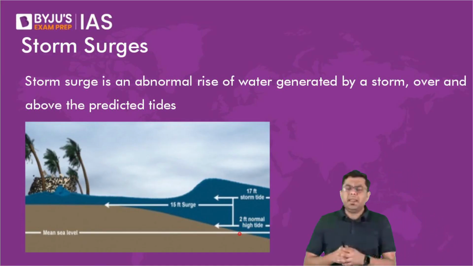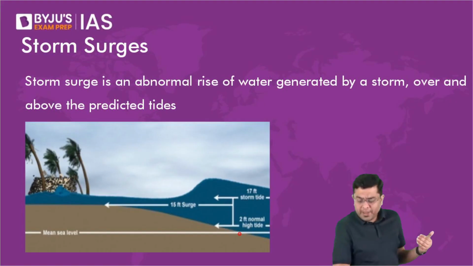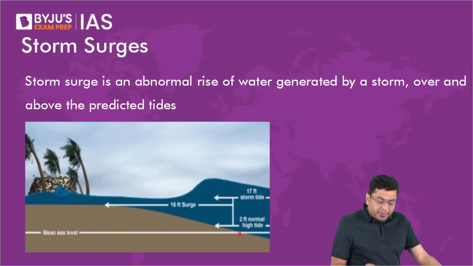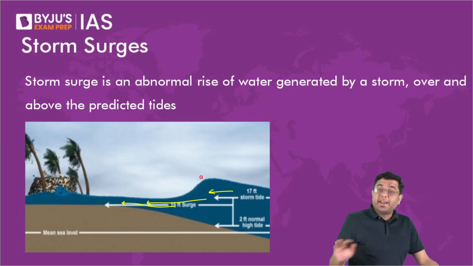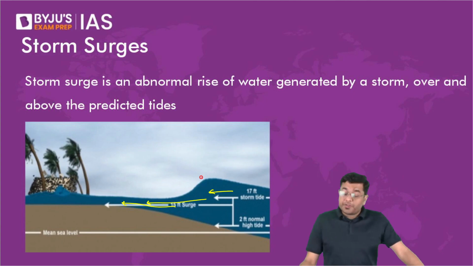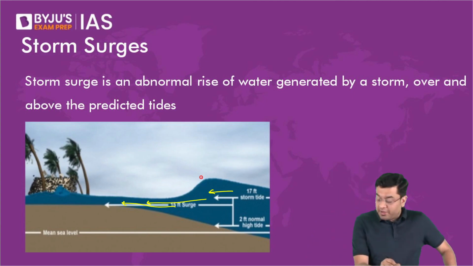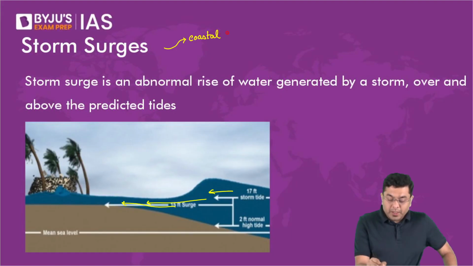A storm is basically a very high velocity wind. When the wind speed is very, very high, it is able to drag some amount of water along with it. It inundates and floods the coastal area, causing a significant amount of destruction. So this leads to significant coastal flooding.